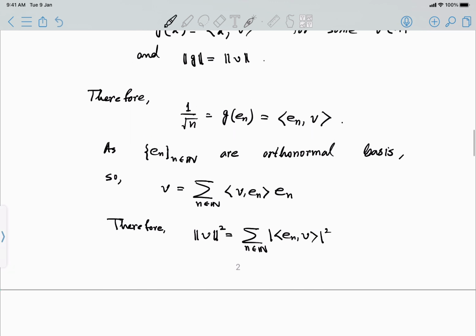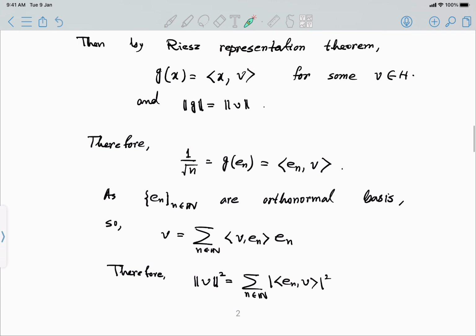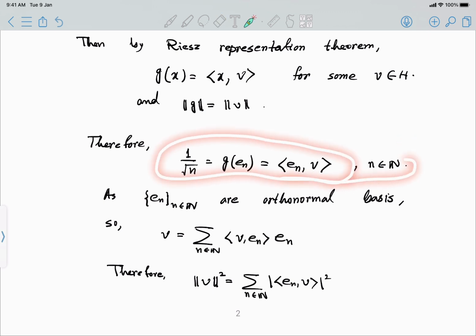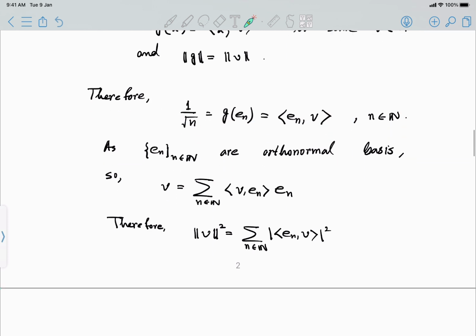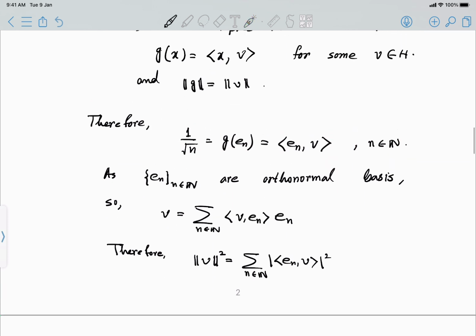Now we also have that this holds for all n belonging to the naturals: En inner product v is given by this if such a G exists. Let me call it 1 and let me call the other 2.